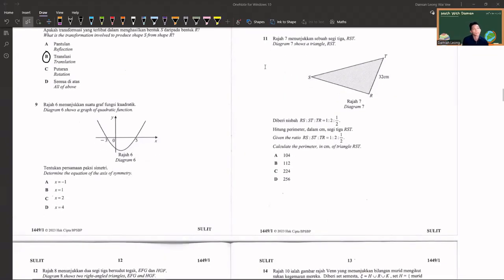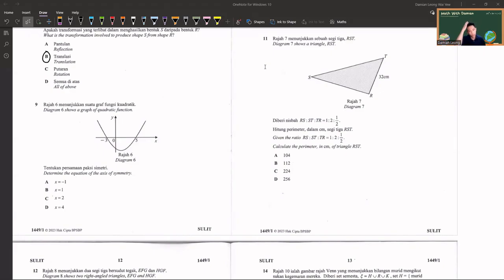Question 9. Rajah 6 menunjukkan suatu graf fungsi kuadratik. So I have a graph of quadratic function here and they want the equation of axis of symmetry.